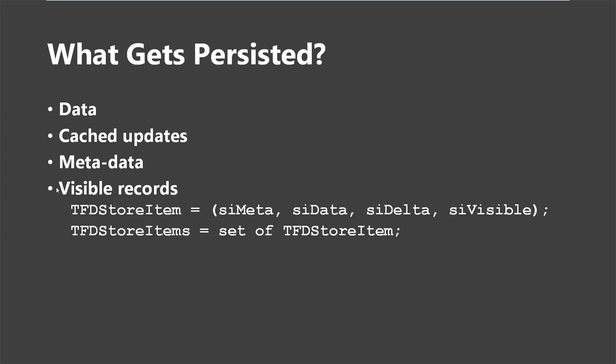So for instance, and this is pretty interesting, I could filter my FD dataset on my deleted records. This assumes that I'm in a cached update mode and have captured deletions and cached them. Then I could say I want to store the visible records, and I could actually store off a set of the records that were deleted so that at some later time I could go retrieve them if that was something that I needed to do.